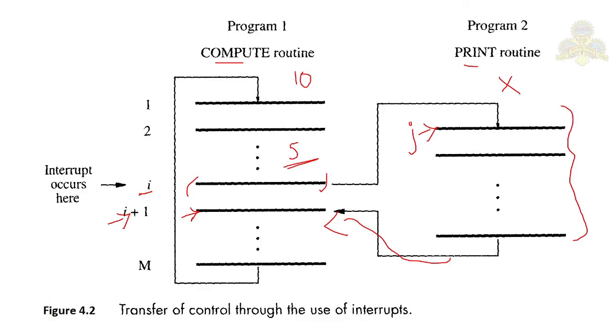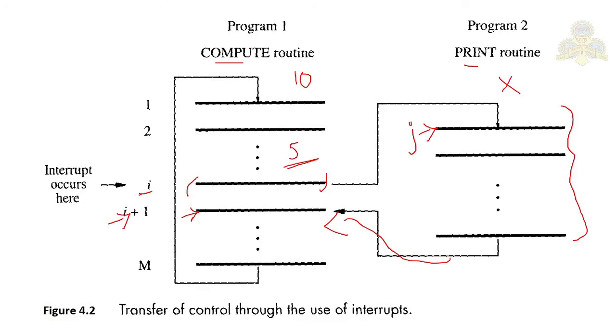This information must be restored before execution of the interrupted program is resumed. In this way, the original program can continue execution without being affected by the interruption. It may expect some delay, but it won't hamper the execution process.